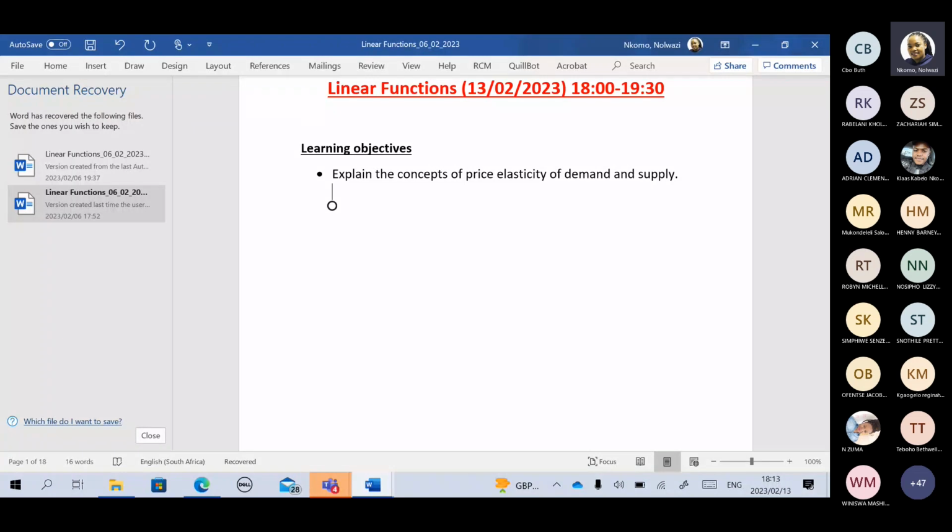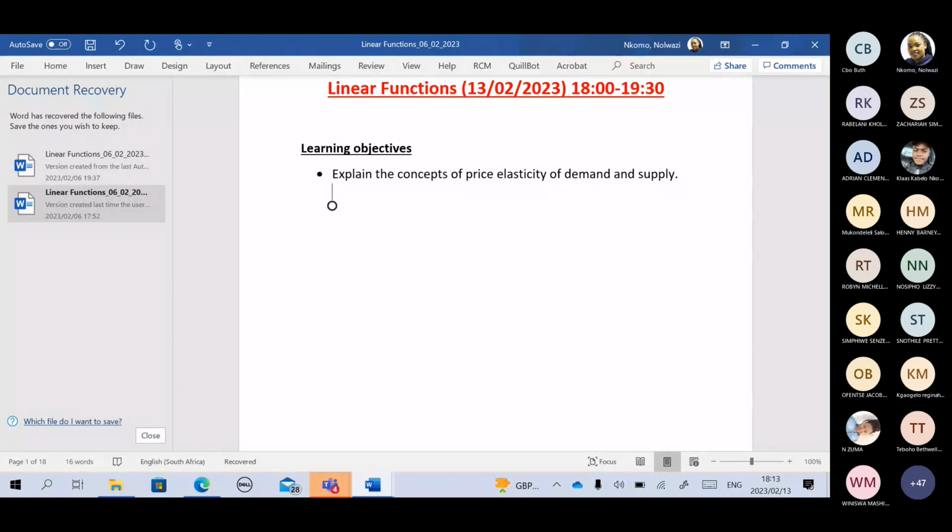Because at the end of the day, if you're selling something, you need to sell everything, right? If you increase the price, you need to know what effect it will have on your product. Will people still buy your products or not? That's the reason why we need to know the price elasticity of demand and supply.